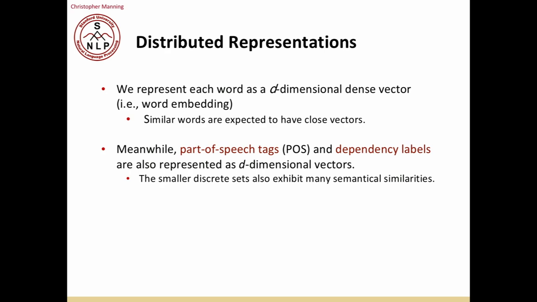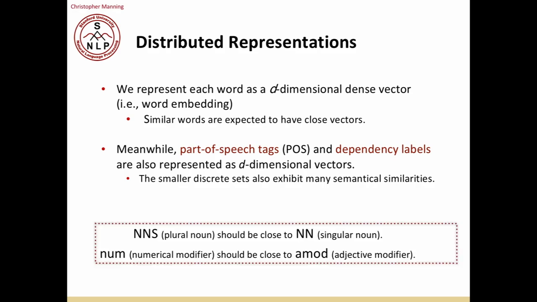So we had parts of speech, like nouns and verbs and adjectives and so on. Some of those parts of speech have more to do with each other than others. In particular, most NLP work uses fine-grained parts of speech. So you don't only have a part of speech like noun or verb.